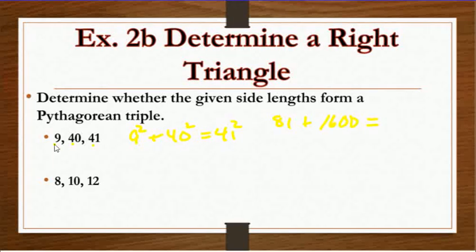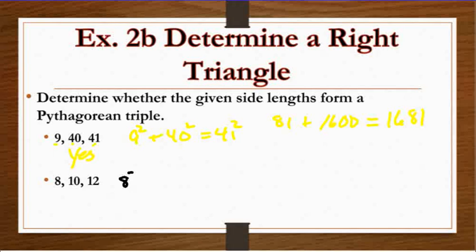And 41 squared is 1681. Well, 81 plus 1600 does give us 1681. So yes, this is a Pythagorean triple because each of these numbers is a non-zero whole number.